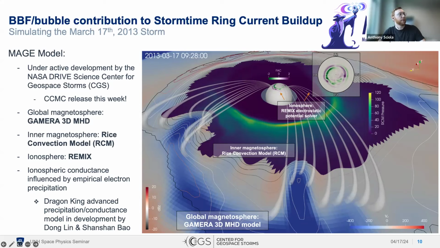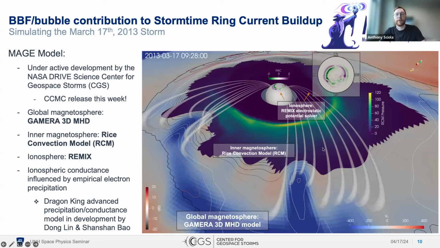And in the inner magnetosphere, we're coupling to the Rice Convection Model, or RCM, so that we include gradient curvature drifts and can resolve our ring current in an energy resolved manner as well, something that ideal MHD can't do on its own. And then in the ionosphere, we're using the REMIX electrostatic potential solver. Just another comment on the coupling is that the ionospheric conductance is being influenced by an empirical electron precipitation model, where that electron source is from RCM.